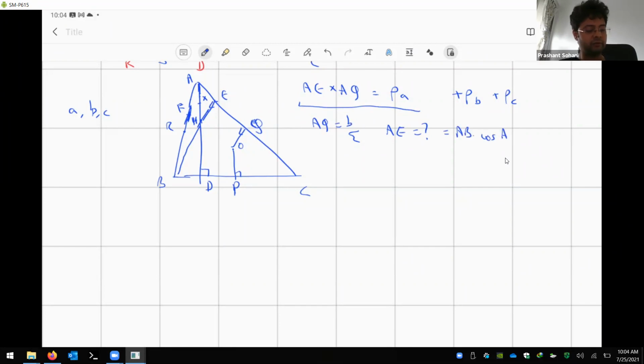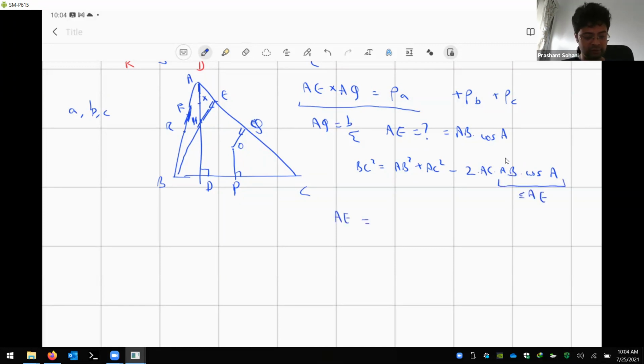When you write that theorem for side BC, BC square equals AB square plus AC square minus, in cosine rule terms, twice AB into AC into cos A. In that, the AB cos A term is nothing but AE. So I can take everything to one side and I get the formula for AE.